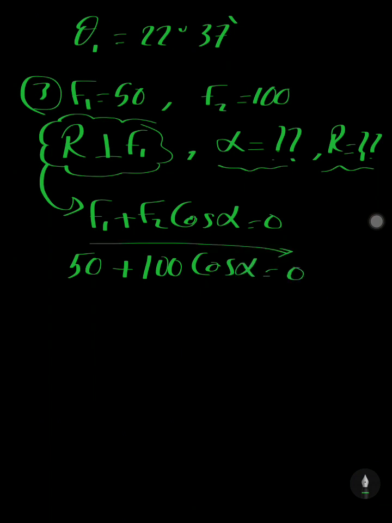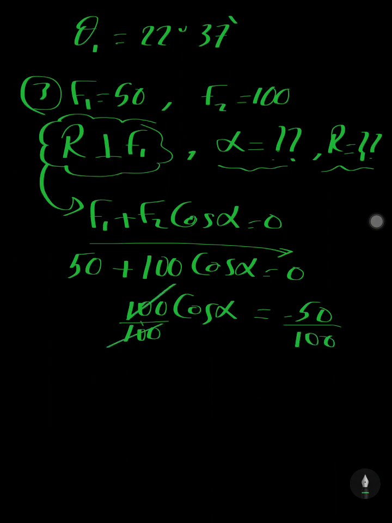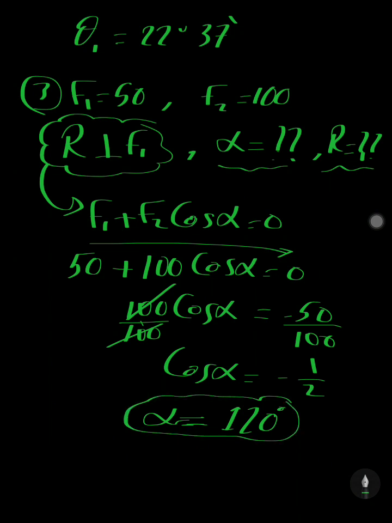Move 50 to the other side, it will be negative 50. And keep 100 cosine alpha, divided by 100 on the other side. So cosine alpha equals negative half. Shift cosine negative half, the result will be 120. Now alpha, the angle between the two forces, equals 120.